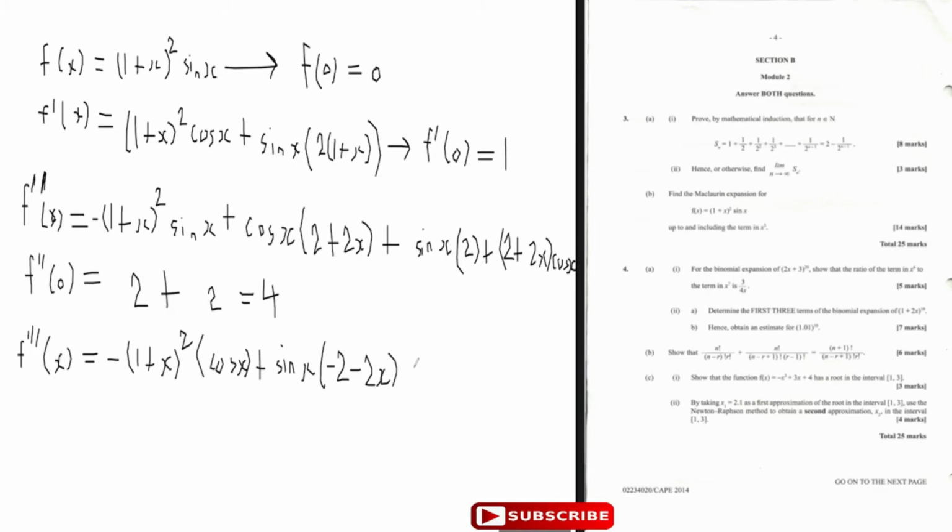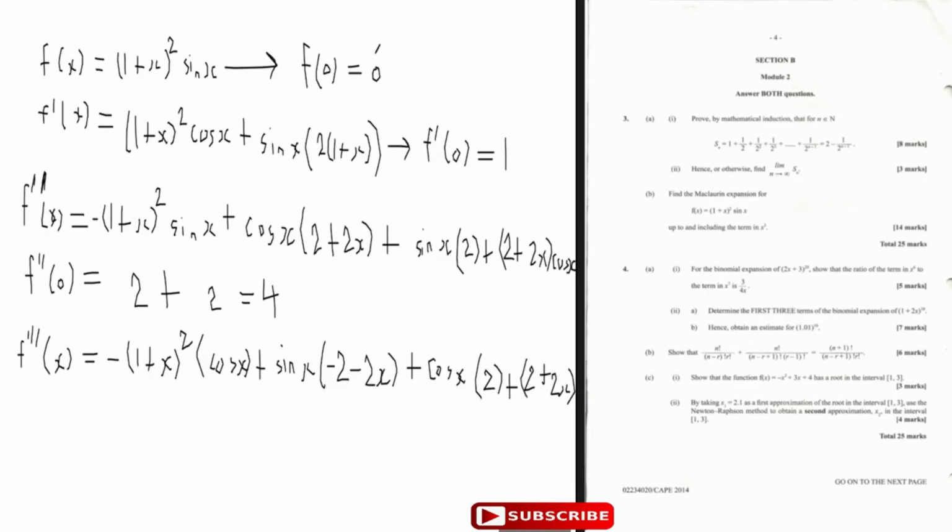Plus, we're going to differentiate this part now, cos x plus 2 plus 2x, by keeping the first, which is cos x, times the derivative of the second, which is 2, plus keep the second, which is 2 plus 2x, times the derivative of the first.